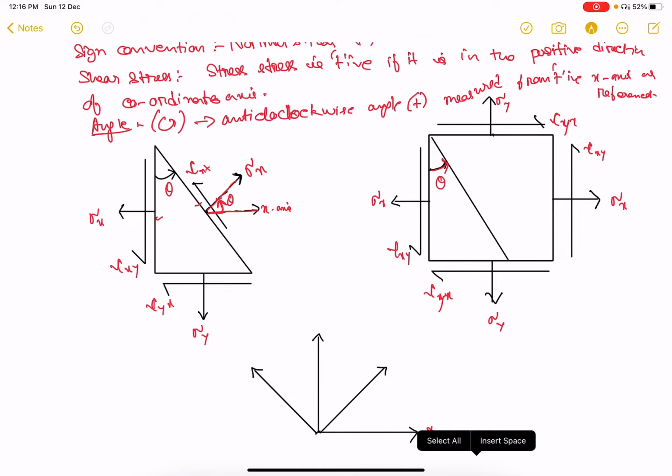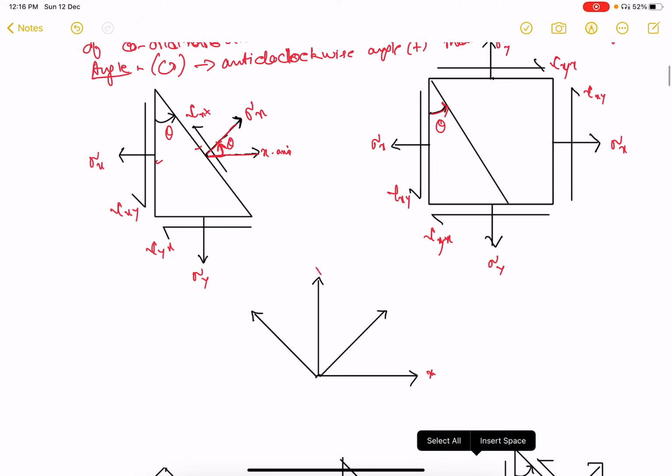This is the x axis, this is the y axis, this is the normal, and perpendicular to the normal axis is the tangential axis. If this is theta like this, then this angle will also be theta, because these two make 90 degrees and these two make 90 degrees.